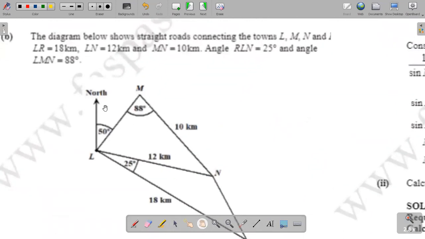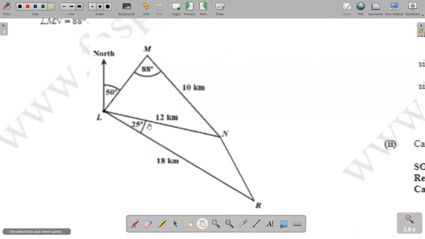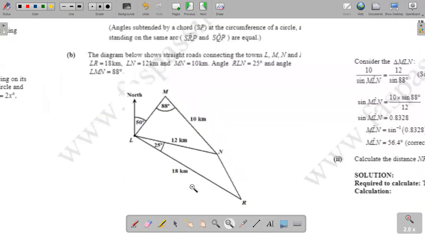What does it look like to you? Once you see the north line, what topic is this? Bearing. Thank you. Everybody agree? Now, in this diagram, you realize they give us a lot of things. So some things I want you to pay attention to.